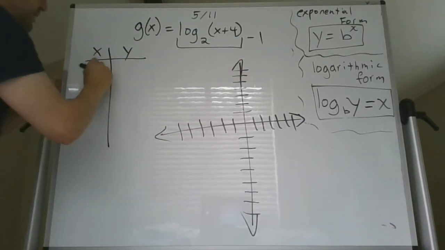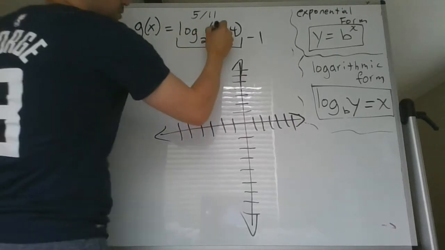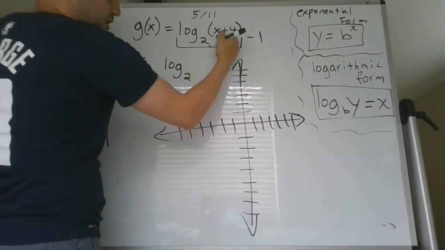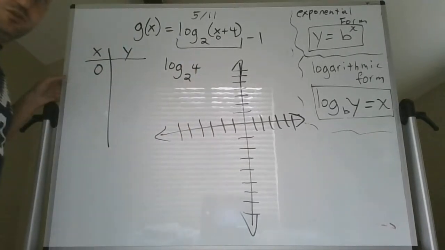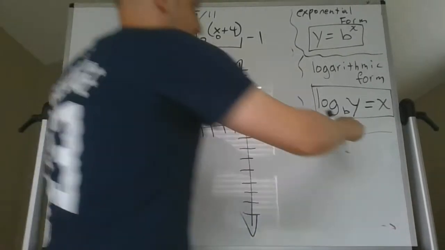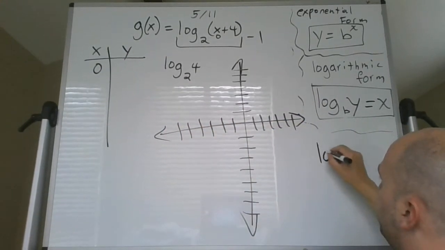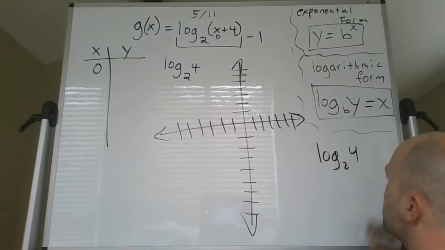All right, I'm going to plug in a 0 first. That'll give me log base 2 of 4. Now, log base 2 of 4, what is that? I just want you to understand the idea.